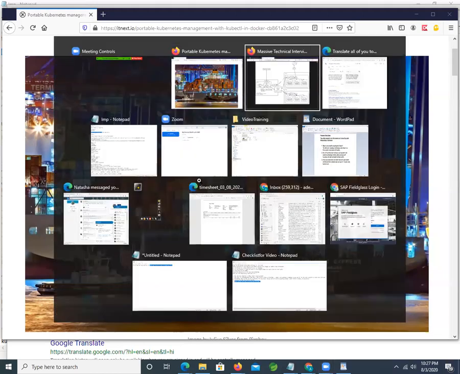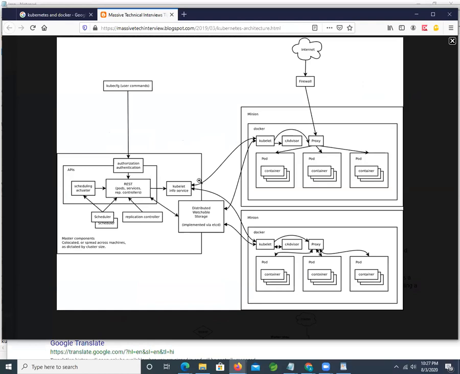So let's have a look at this diagram. And then let's do a comparison. So you have pods here. You have Docker here. I think each pod is just like a ship, right?